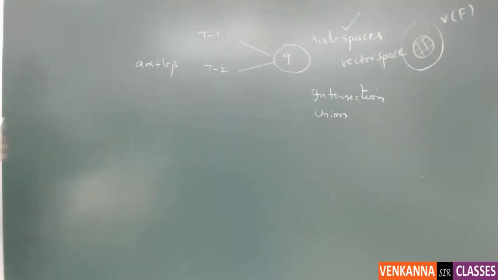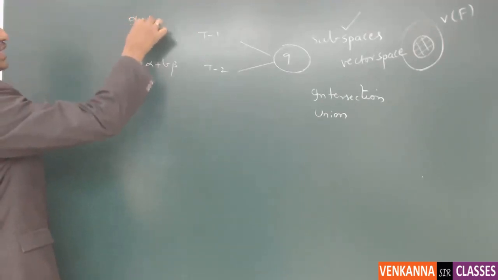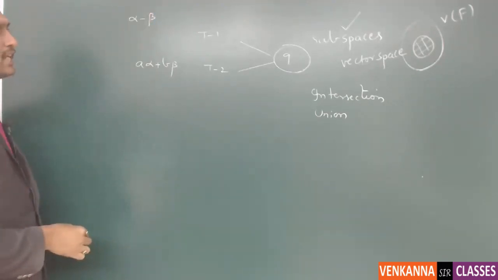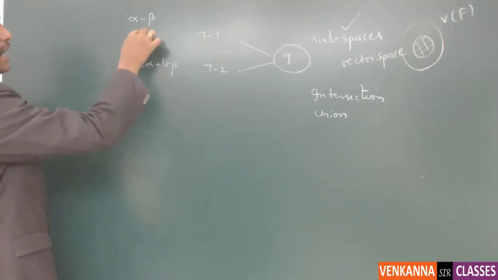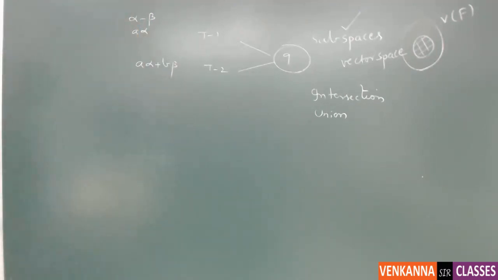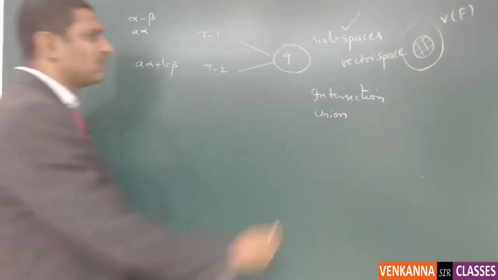In test 1, we verify 2 conditions, that is alpha minus beta belongs to W and A alpha belongs to W. Apart from verifying the 9, these are enough to check the criteria of a subspace. Now let us deal with the case of intersection.